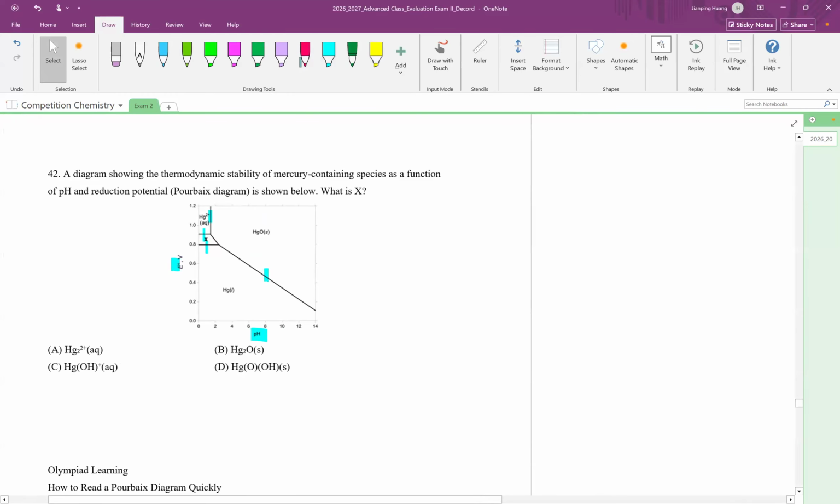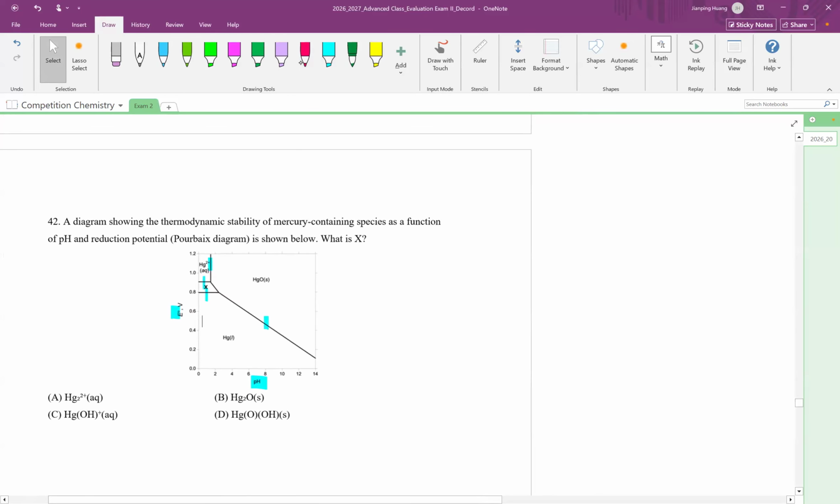The first one, let's look at number 1. Vertical boundary. The vertical line indicates an equilibrium that does not involve electrons and does not depend on the potential. Can you see this line?